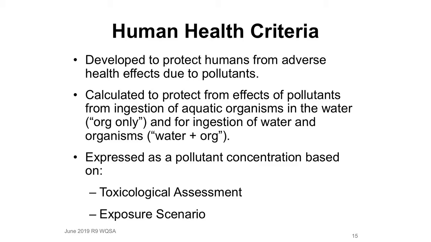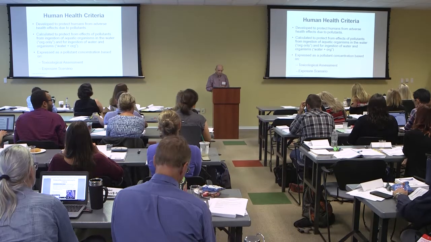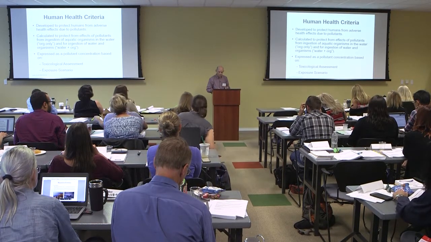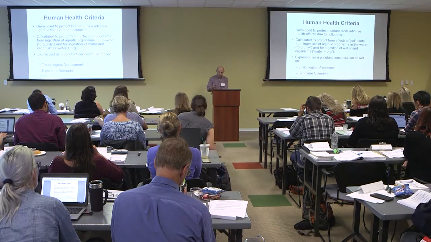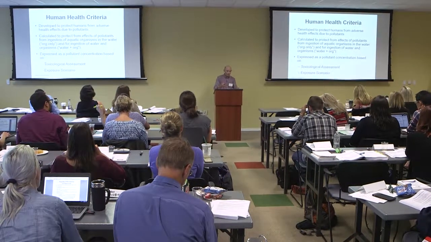There's one that's organism only. If that's all you care about, like maybe in salt water where you're not going to drink it, organism only is okay. Whereas in fresh water, where the water could be used for both drinking and fish tissue, an organism plus water number would be appropriate. There'll be an entire module on this also tomorrow.